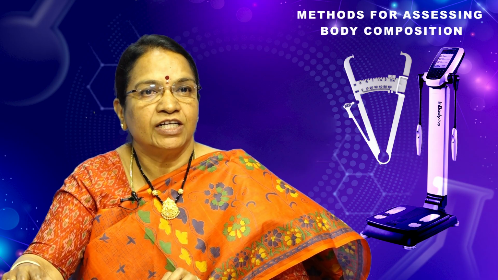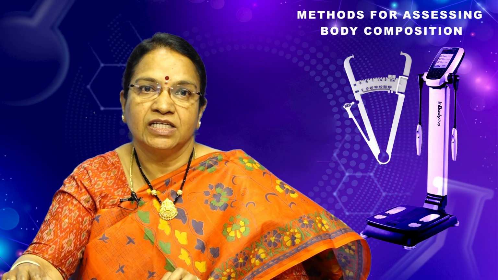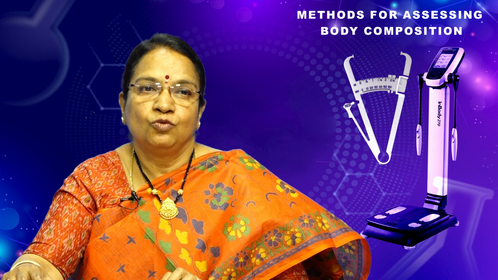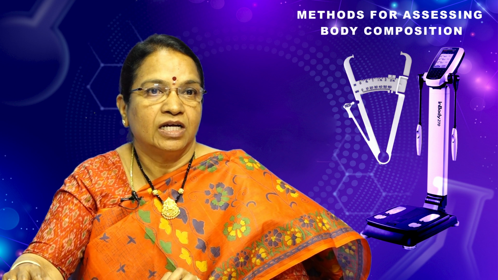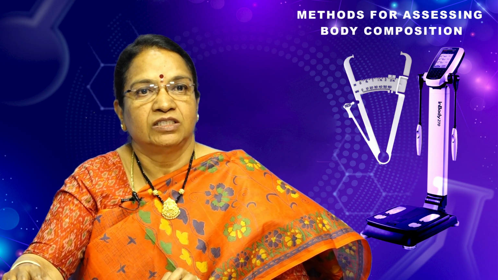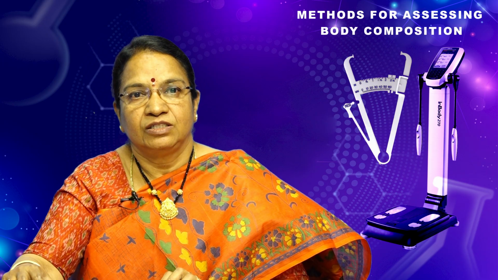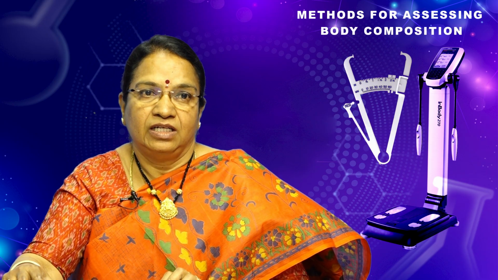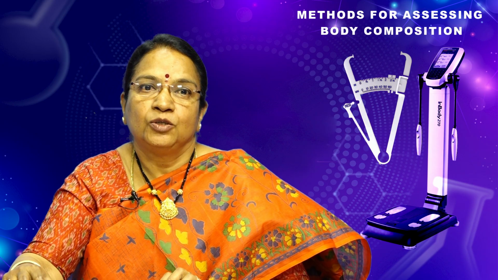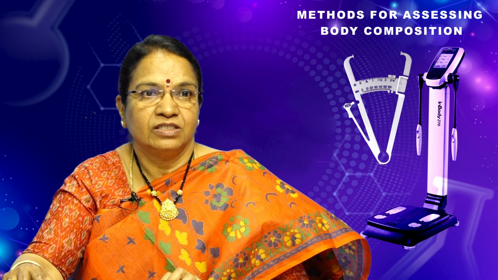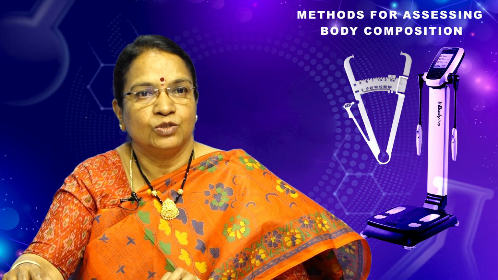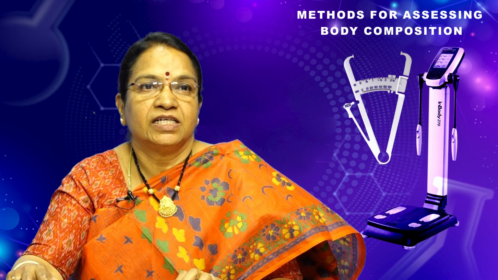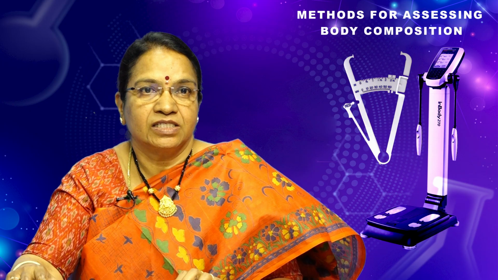So, a wide variety of body composition measurement methods exist and the gold standard measurement technique for 4 compartment model consists of a weight measurement, body density measurement using hydrostatic weighing or air displacement plethysmography and total body water calculation using isotope dilution analysis, mineral content measurement by dual energy X-ray absorptiometry which is DEXA.